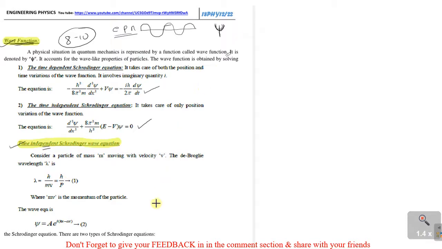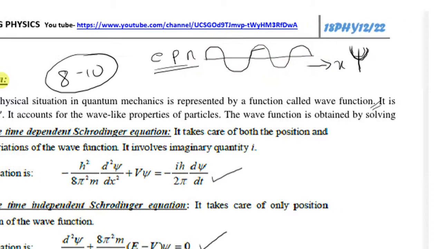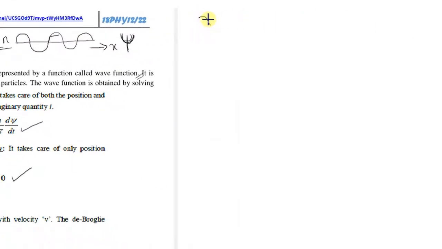Initially we are going to consider that a particle like an electron, proton, or neutron is in motion in a particular direction. For example, let us take it moving along the x-axis. The particle behaves as a wave, so we can write the de Broglie wavelength, lambda equals h by m into v.